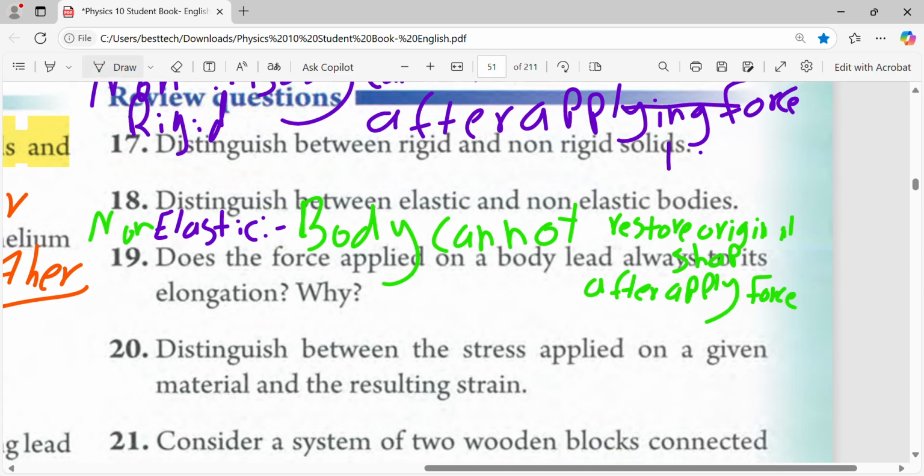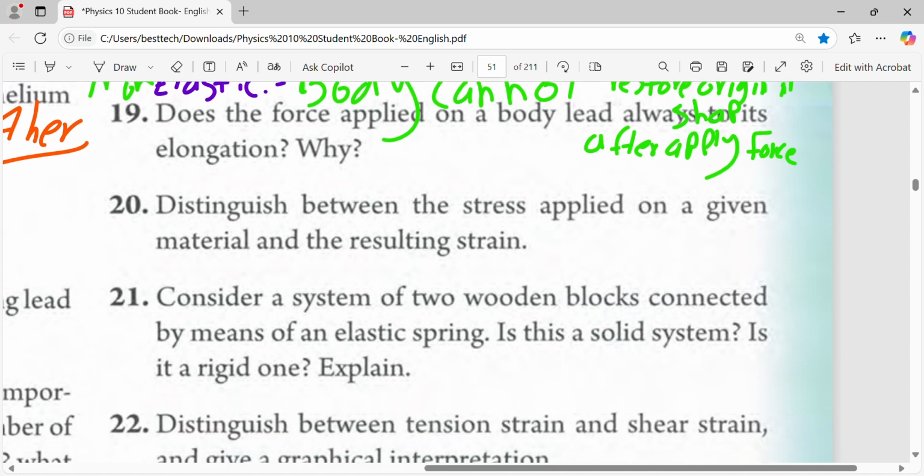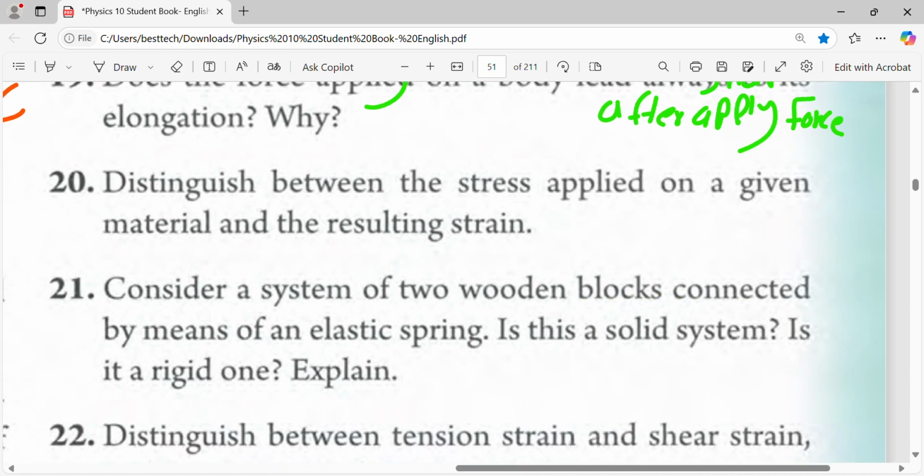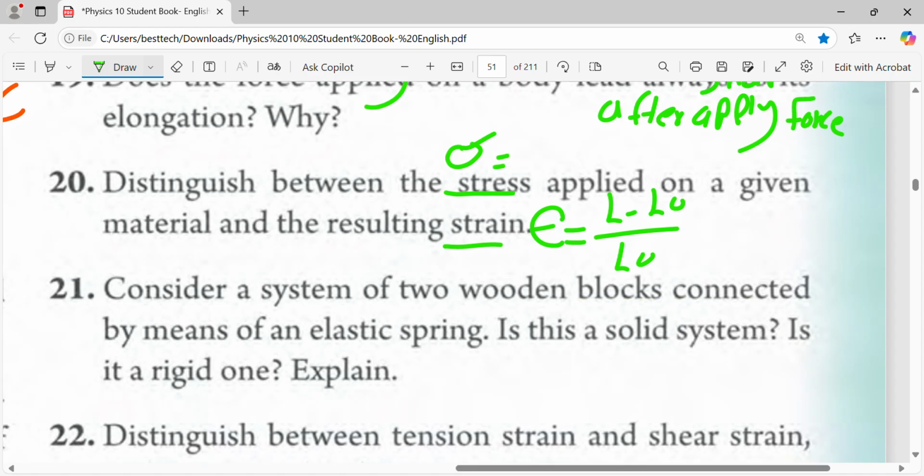Okay, guys. Question 20, important: the difference between stress applied on a given material and the resulting strain. As you know, this is the symbol of stress and this is the symbol of strain. Strain is equal to L minus L naught over L naught, but stress is equal to tension over area. So the first difference is the unit.